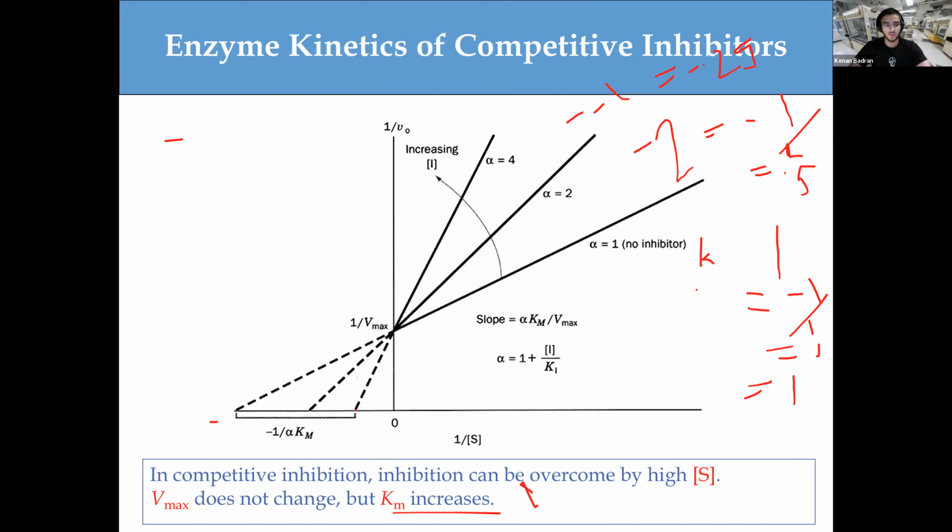So C for crossing, competitive for crossing. Which, as you can see here, they're all converging on each other.